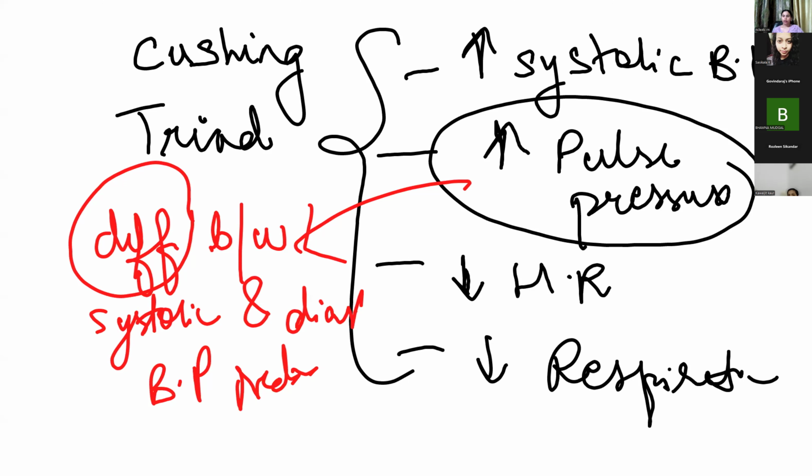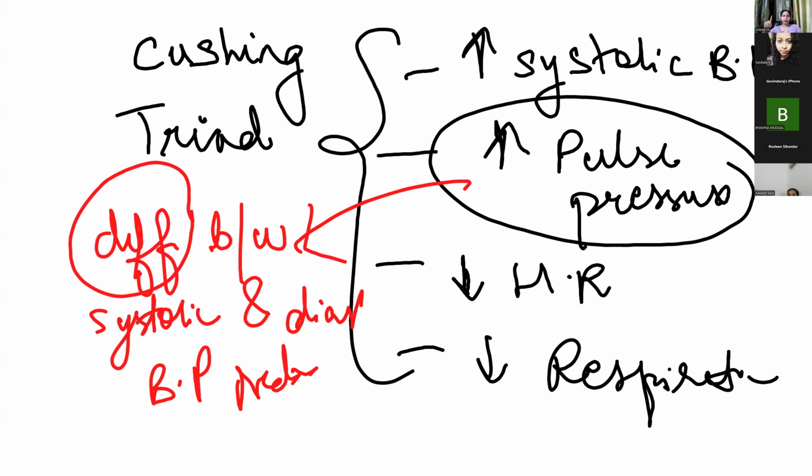Ma'am, both systolic and diastolic blood pressure are increasing? What I have written, which pressure will increase? Systolic. If systolic blood pressure is increasing, but diastolic is not increasing that much, there will for sure be a difference.